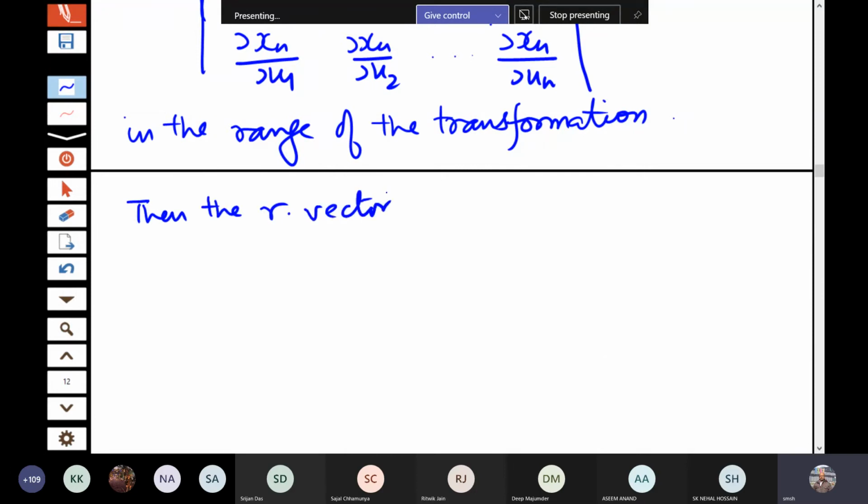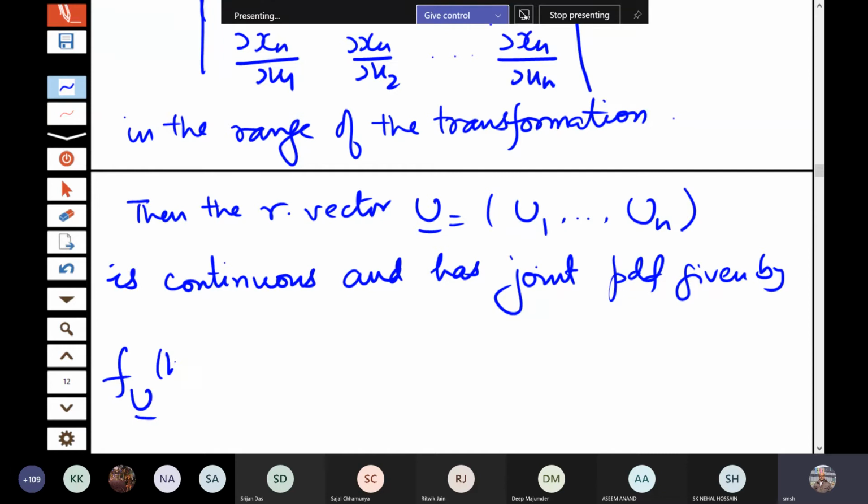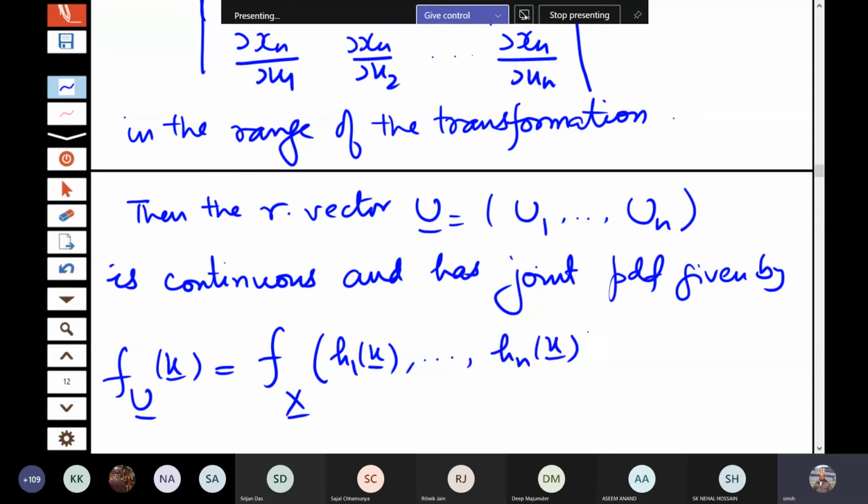Then the random vector U, equal to U1, U2, ..., Un, is continuous and has joint PDF: in place of x1 we put the inverse function h1(u), and so on, in place of xn I put the inverse function hn(u), and multiply by the absolute value of the Jacobian.